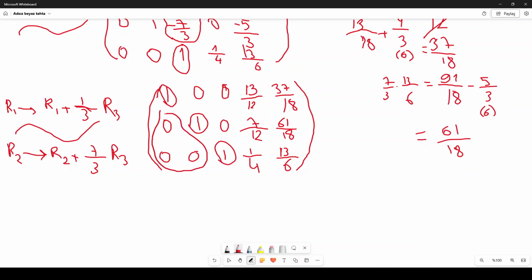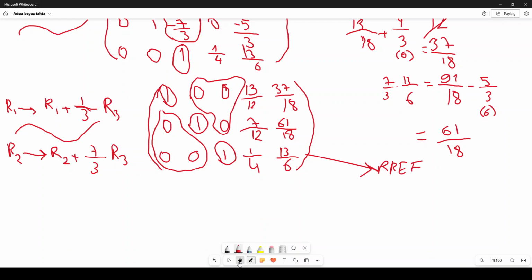We have a strictly increasing number of zeros right over here, and below and above each pivot element we have zeros, and each pivot element is equal to 1. So we are done with the Gauss-Jordan method, and we found the final matrix, which is in the reduced row echelon form, right? So this matrix is now in reduced row echelon form. That's great. That's good news for us.